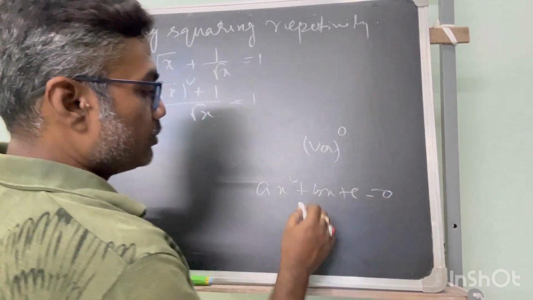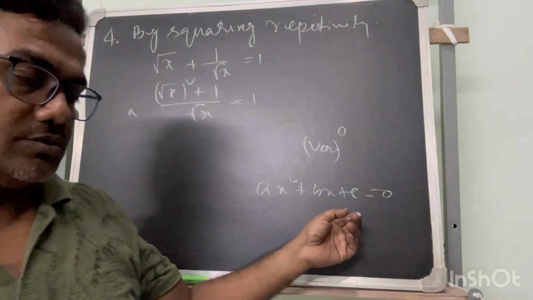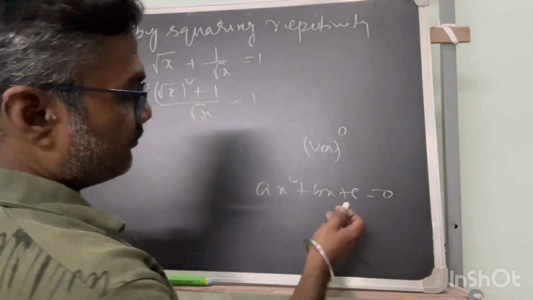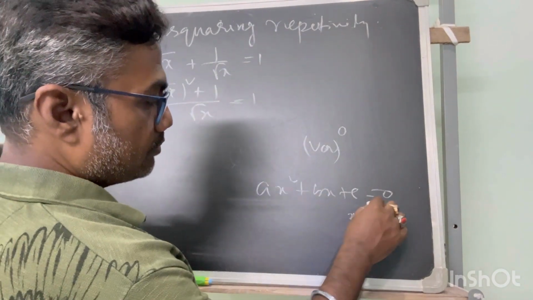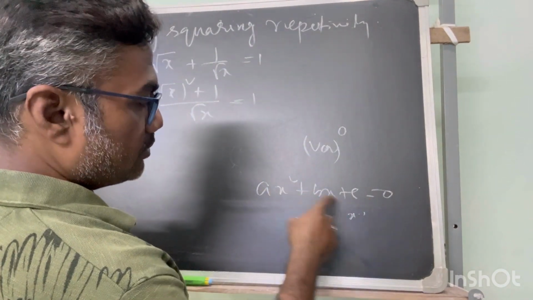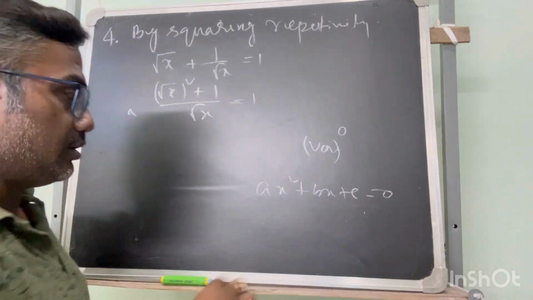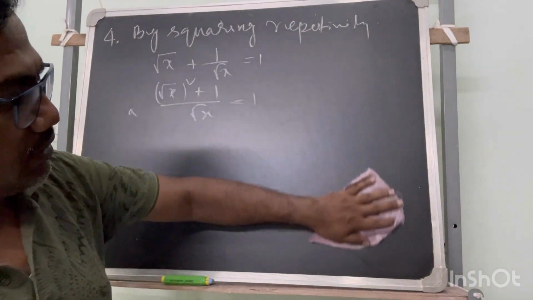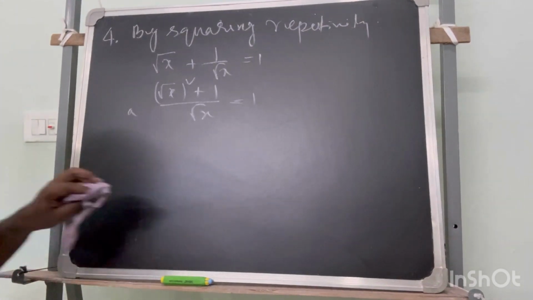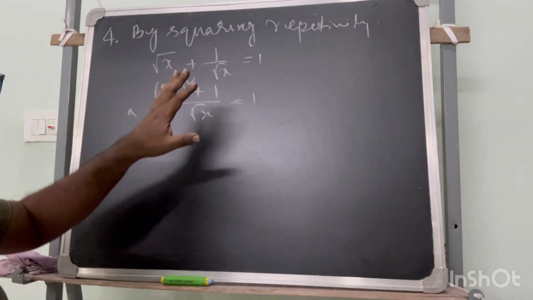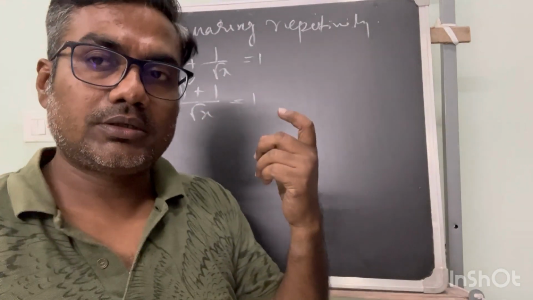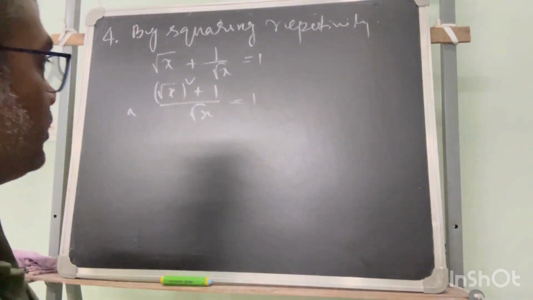So the lowest power has to be x to the power 0, not less than that, not a minus, and not even a fraction. Till I get the fraction, I have to convert it into a natural number or a whole number, not a fraction.